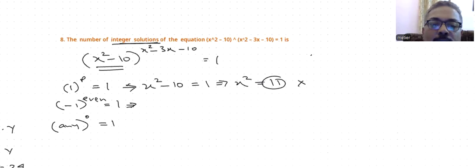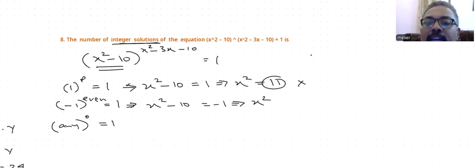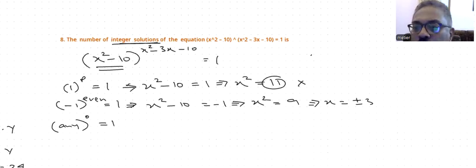So x square minus 10 is minus 1. So x square is 9. So x will be plus minus 3. You cannot count these as solutions at this point because in this particular situation, your power has to be even.